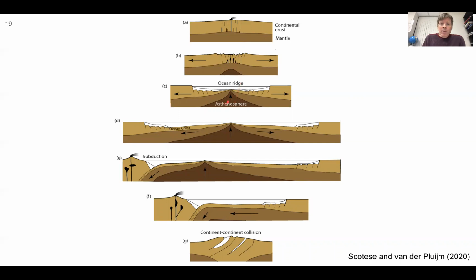And eventually there can be an upwelling or an ocean ridge forms, and this process continues pulling apart. And then you see here on one side, eventually you can have subduction forming where part of the crust goes down on one side. And as that process continues, you eventually have subduction. This could be, say, India into North America, colliding to form a continent-continent collision, starting over again at the top. So this is known as this Wilson cycle.